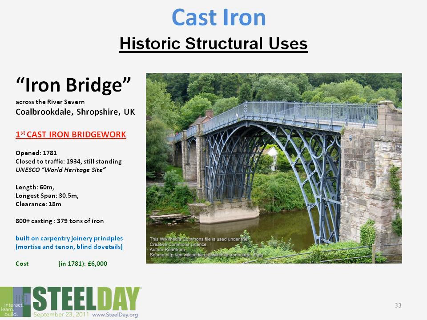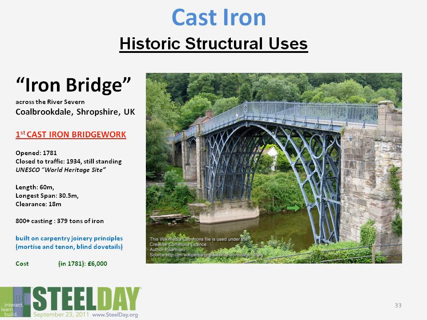One of the first metallic bridges was the Iron Bridge in Coalbrookdale, UK. It opened in 1781. Still stands today. It's actually a UNESCO World Heritage Site. This bridge formed the basis for use of cast iron in bridges for the next half a century.